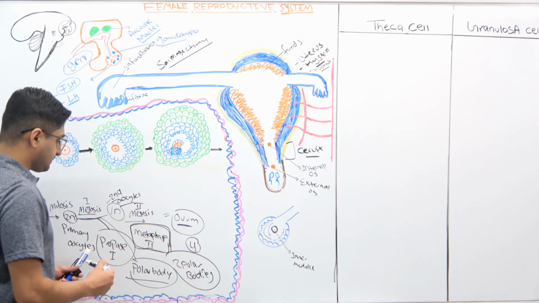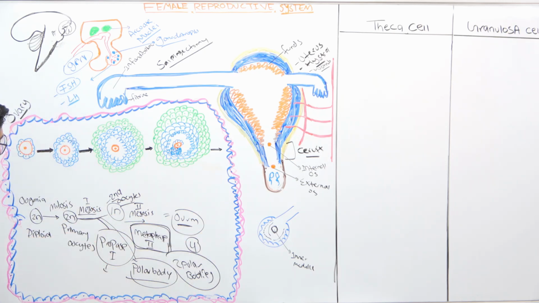Okay, now after this little bit of oogenesis, we have to talk about what is known as folliculogenesis, okay? So if you see right here, in this orange, this is my oocyte, okay? And on top of them you're going to see this cell down here, which is a flattened type of cell.